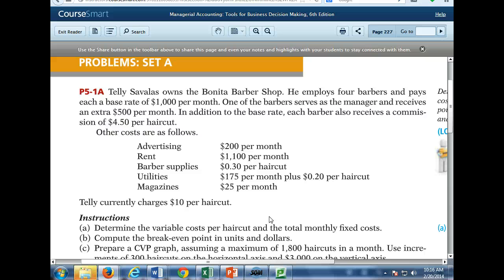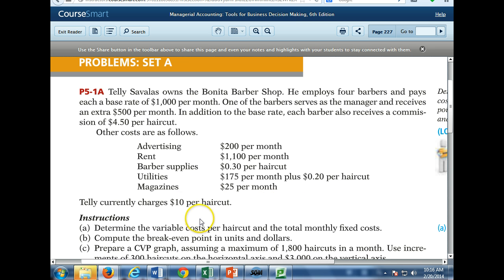So, we need to determine the variable costs per haircut and the total monthly fixed costs. How are we going to start in determining variable costs? Let's just look at this. What are the variable costs? Do you think the commission of $4.50 per haircut is a variable cost?